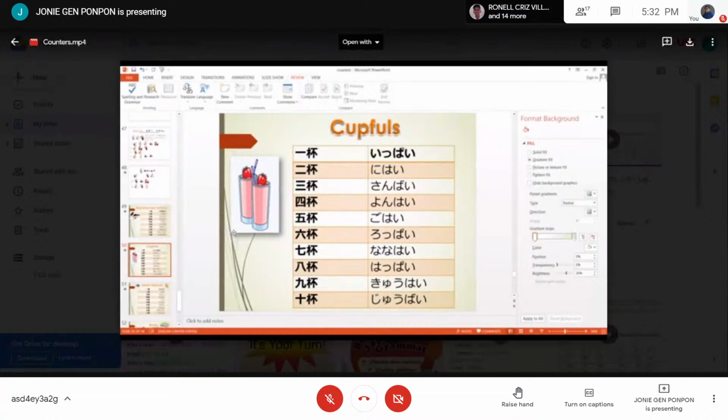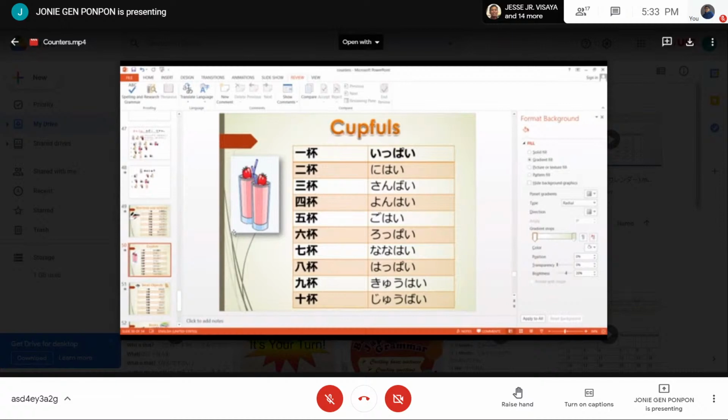Kadalasan, in a dinner for your co-workers, before kayo o-order ng food, the main dish, appetizers, sasabihin nila na drinks muna. Kasi magkakampai kasi yan, that's why mauuna ang drinks. So first i-order ng lahat is your preferred drink, because for the kampai and then eating na.